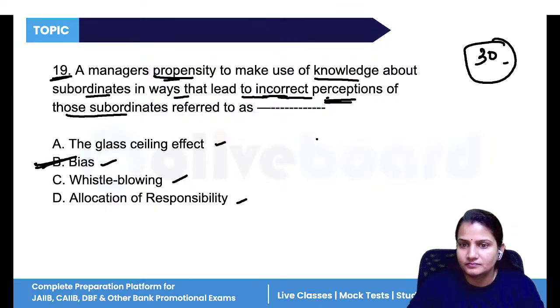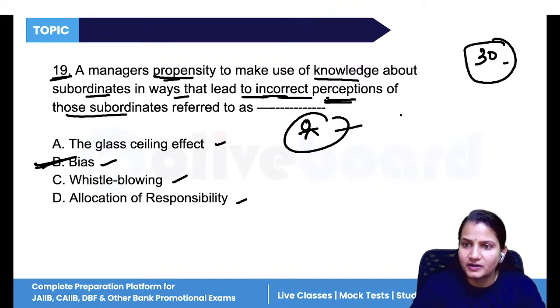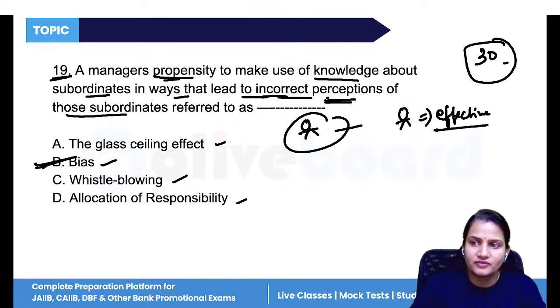Like, suppose in a company a manager is there. The manager saw that this particular employee is very effective. Now, this particular employee is effective means he or she completes his work with 100% accuracy.